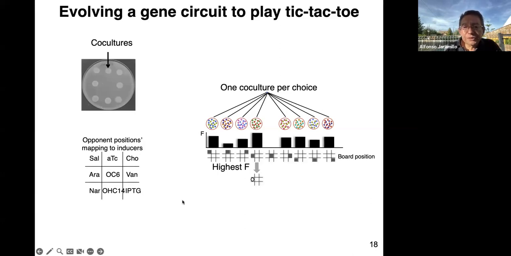Then what we are going to do is grow all the cells with the appropriate inducers. The inducers correspond to the opponent's positions. And notice that here I forgot to put a culture in the center, but I did it on purpose. The idea is that the bacteria are going to play against an opponent, and the opponent is going to play first and is going to play in the center.